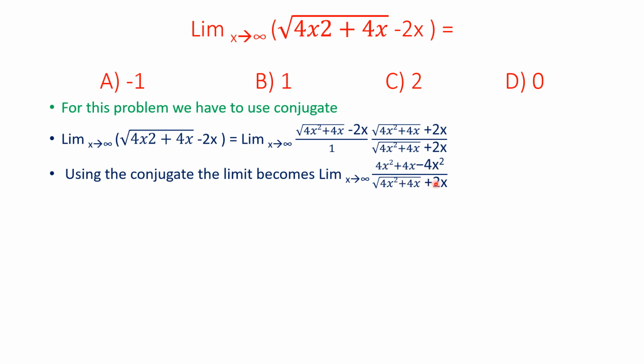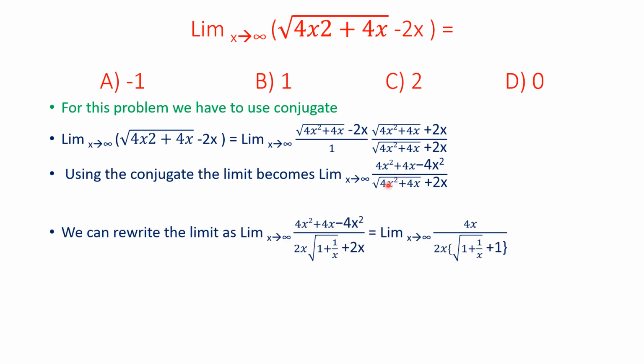So let's go with the math now. We could rewrite the limit as follows: 4x squared plus 4x minus 4x squared, divided by, we're taking 4x squared from the square root over here. So when we take 4x squared we will get 2x outside, but then over here we will have a remainder of 1.